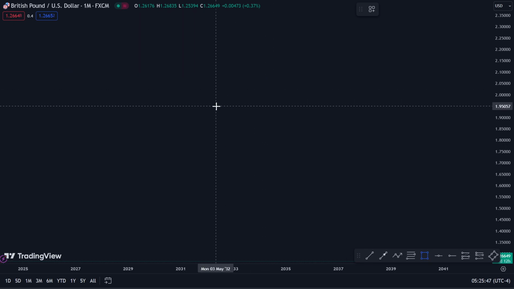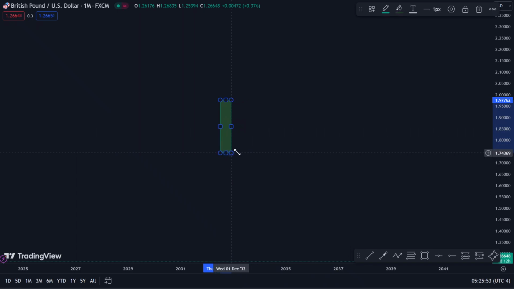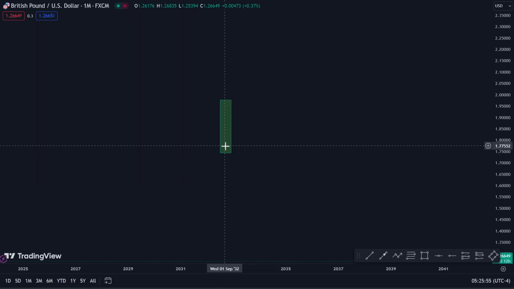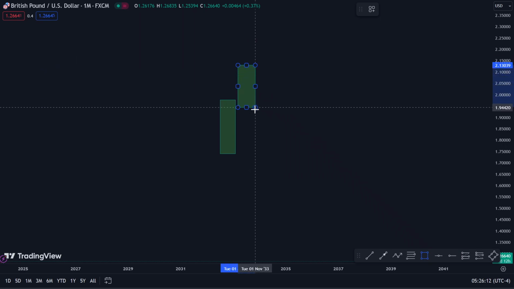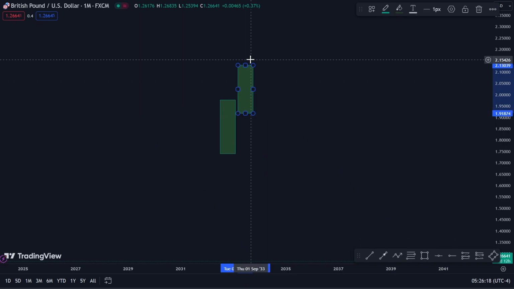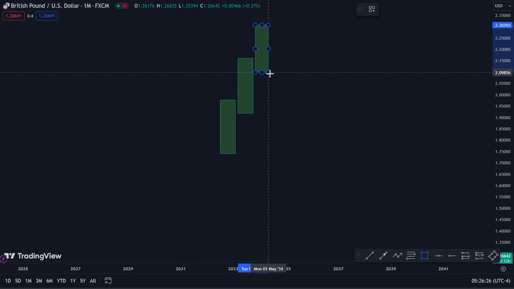Let's suppose this is our bullish candle, that's our bullish candle one, and that's another bullish candle, and finally this is another bullish candle.